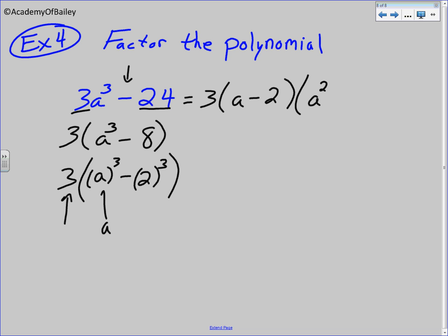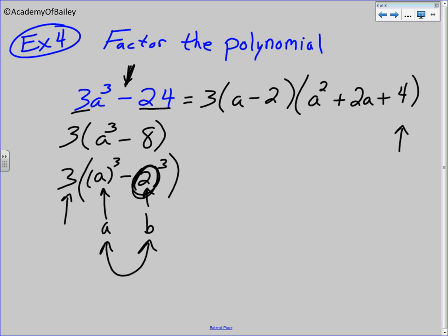Remember, this is a, and this is b. Since we started out with a minus, we are going to go plus here, and now multiply a times b. A times 2 would be 2a. And then now square b. What is 2 squared? That's 4.